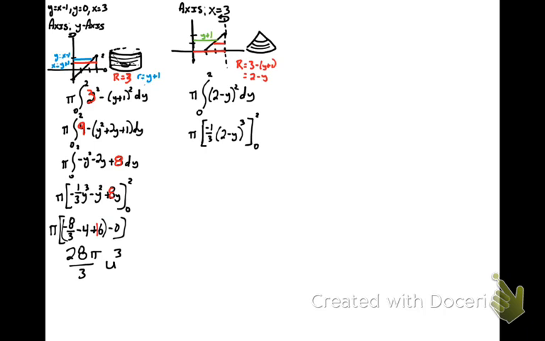Now that we've integrated this, we can evaluate by first substituting in 2. When I substitute in 2, I'll have 0 cubed, which is 0, times negative 1/3 is also 0, minus, when I substitute in 0, 2 minus 0 is 2, cubed is 8, so it'll be negative 8/3. And combining everything, my volume is 8 pi over 3 units cubed because it's a volume.